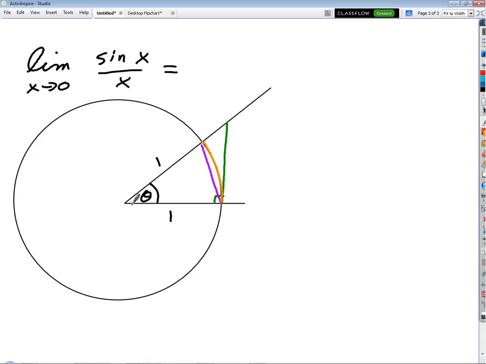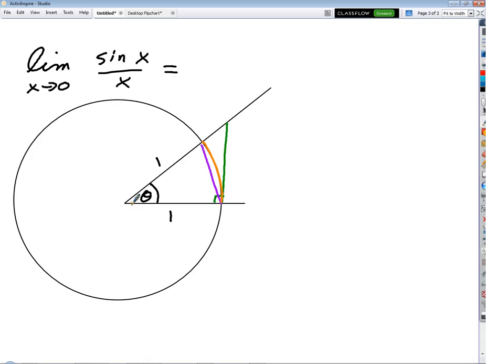Let's start with the big one. If this is a unit circle, can you tell me what the height of this triangle is? That right triangle, the green one. We have to define it in terms of theta, don't we? I'll give you a hint here. You want to probably think in terms of SOHCAHTOA relationships, right triangle trig.